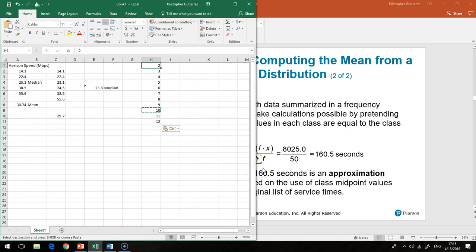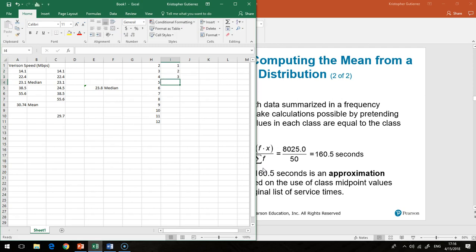Now, I could get a 2, I could get a 3, I could get a 4, 5, 6, 7, 8, 9, 10, 11, or 12. Now, how many times could I get each one of these? Well, I could get a 2 in one way. I can roll a 1 and a 1. I can roll a 3 in 2 different ways. I can roll a 1 and a 2, or a 2 and a 1. That would be 2.